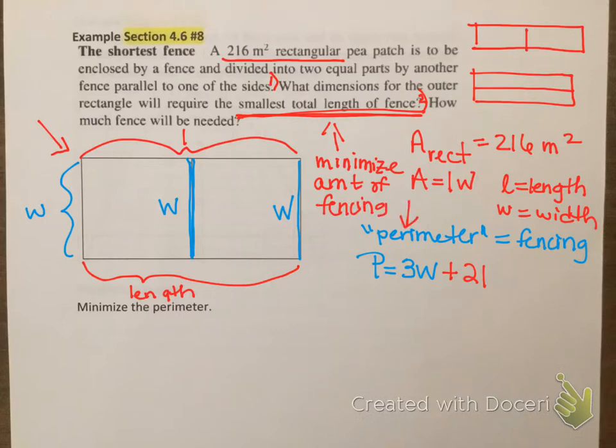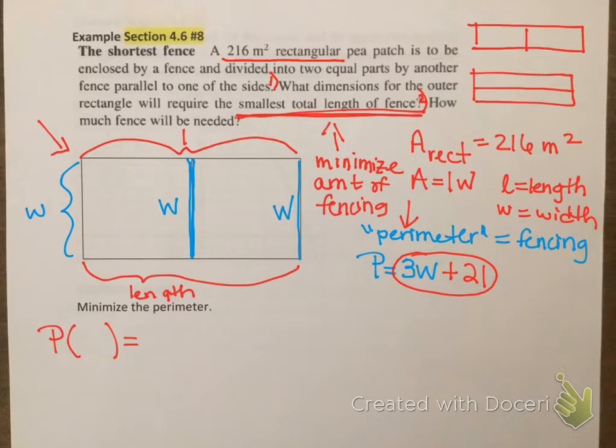So we need a function, I'm going to put it down here, P of something. That's what I am trying to minimize, my perimeter or my fencing. So let's think, what can we do here? I need something that talks about these 2 different variables, but making them into one variable.